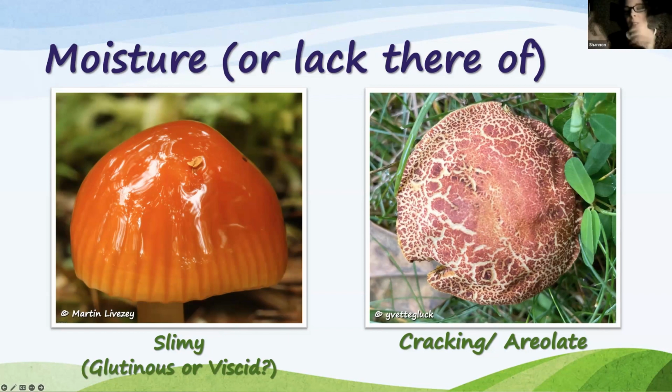The problem is that mushrooms that have these glutinous or slimy caps can frequently dry out rather quickly, and it makes it hard to tell whether or not the mushroom was once slimy. So is there a way to actually know whether or not the mushroom was once slimy?